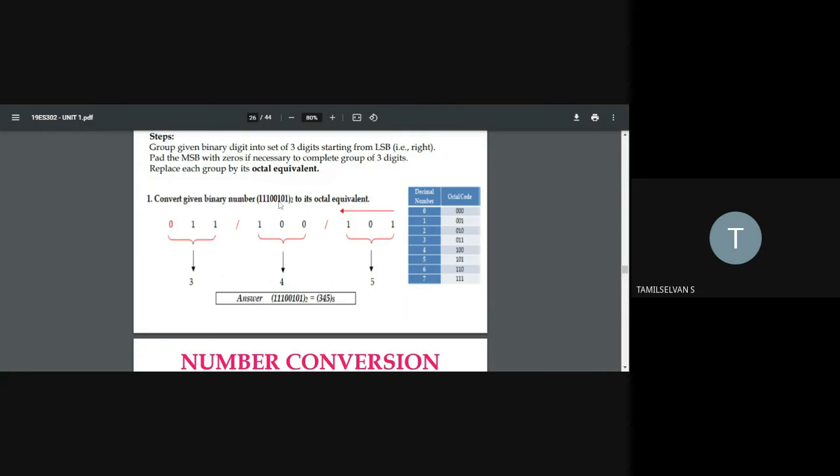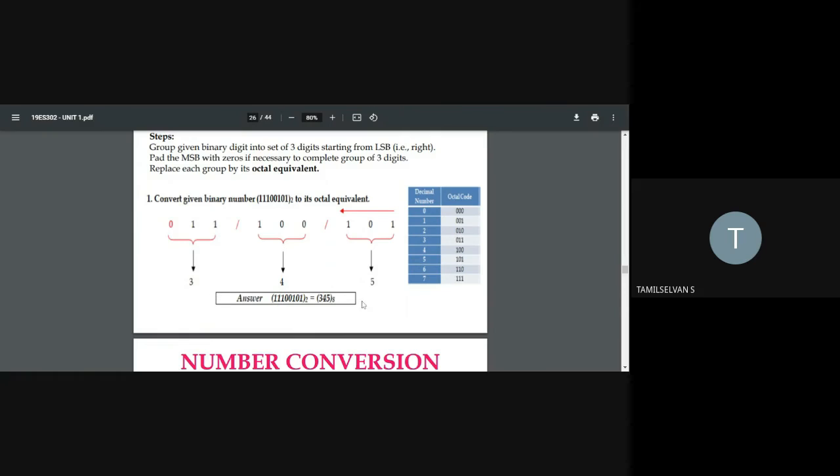Okay, so take this example number 1: 111000101. I can separate from the right end. So 101 I can separate here, 000 here, and 111. Wait, the remaining digits have no value here, so I can add a 0 to the left, right? So 011 is equivalent to octal value 3, 100 is equivalent to octal value 4, and 101 is octal value 5.